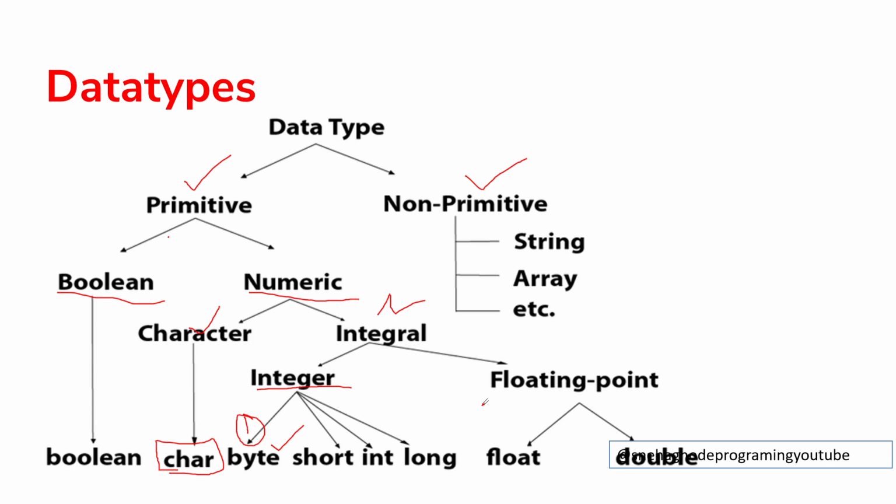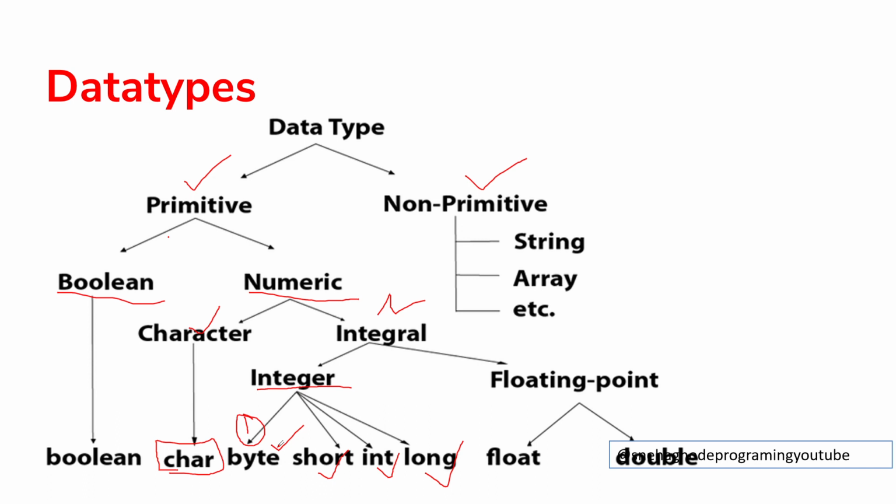Then after that we have short, then integer, and then long. If you are talking about byte, it is going to store only 8 bits of data.